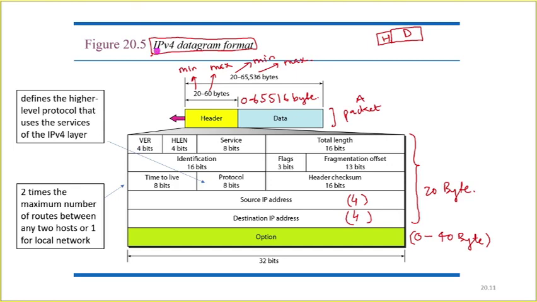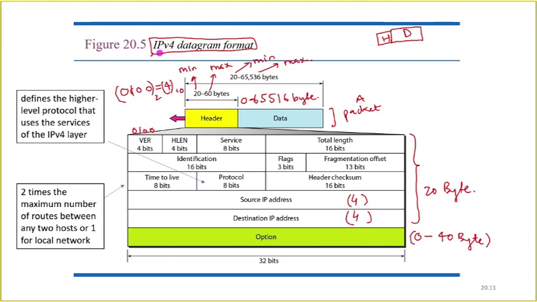If it is IPv4, that is IP version 4, and these 4 bits will be 0, 1, 0, 0, which is equivalent to 4 in decimal. So if it is IPv4, this version field will always be 0100. This is fixed for IPv4.